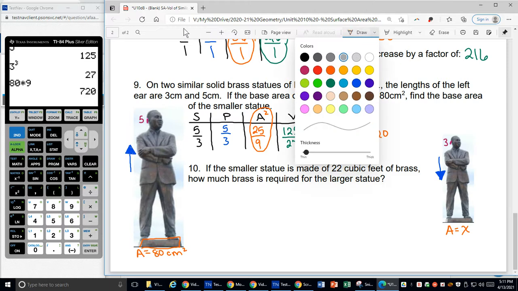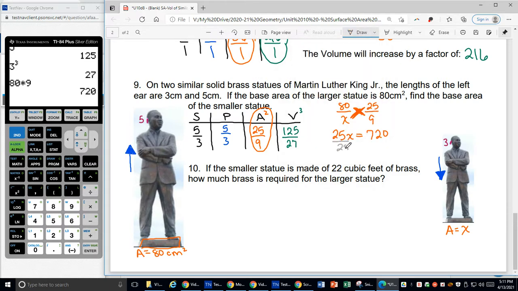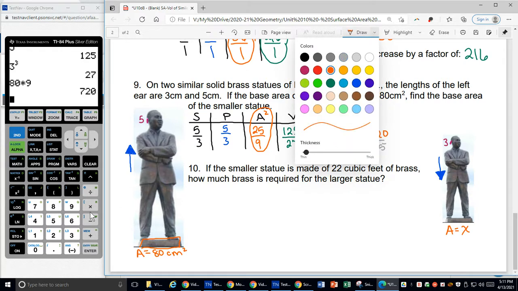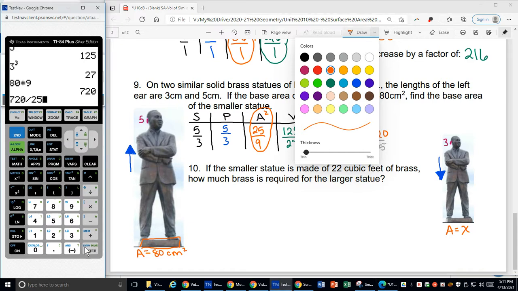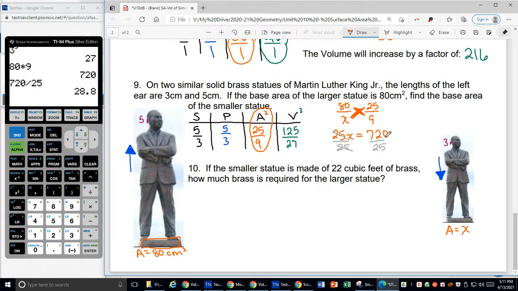Divide both sides by 25, and x equals 720 divided by 25, which is 28.8. So the area of the smaller statue is 28.8 square centimeters.